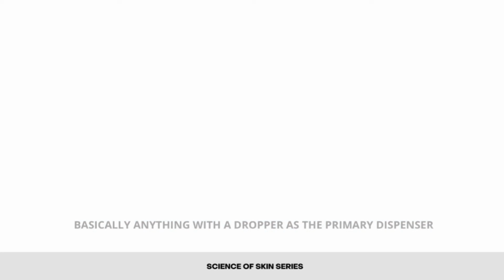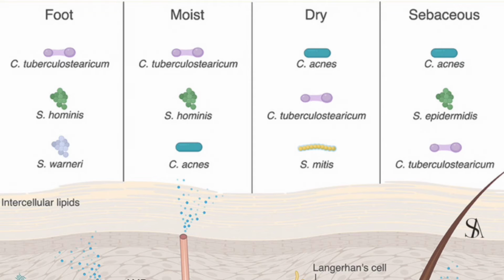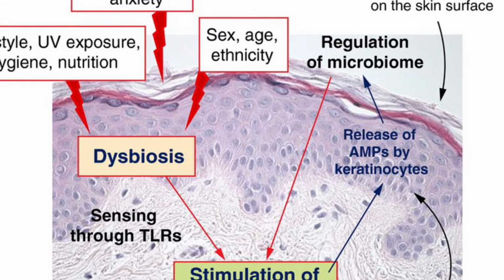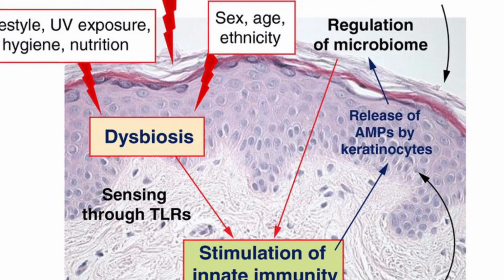So you're going to see things like rashes, redness, and sensitivity. It will also predispose you to UV damage, because if you have a damaged skin barrier, obviously UV light is going to be a lot harsher on your skin.